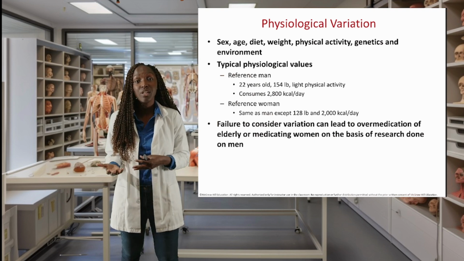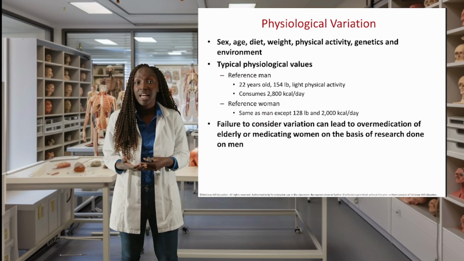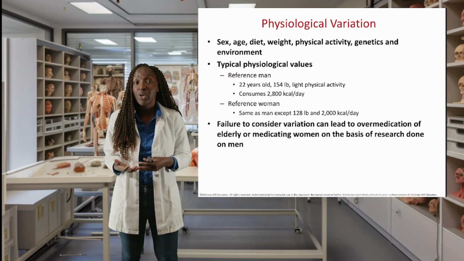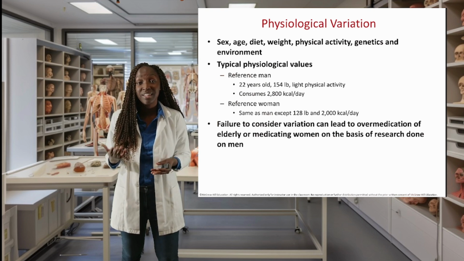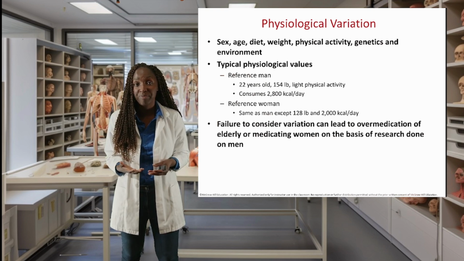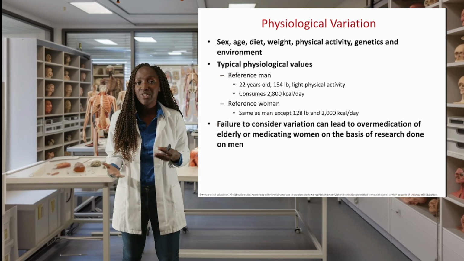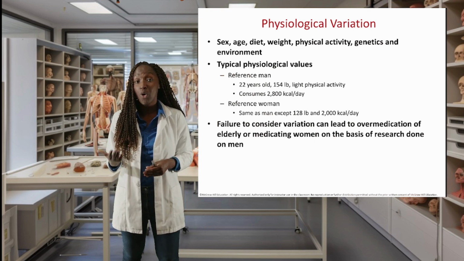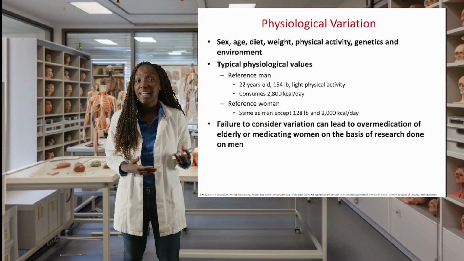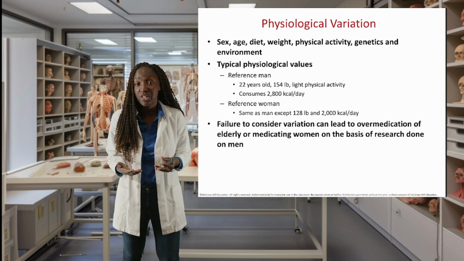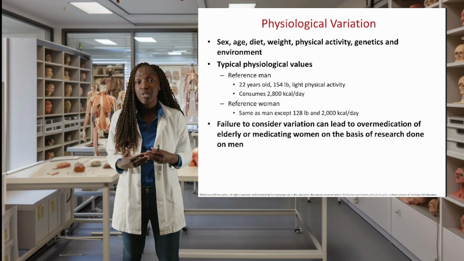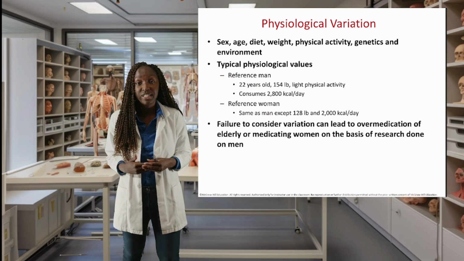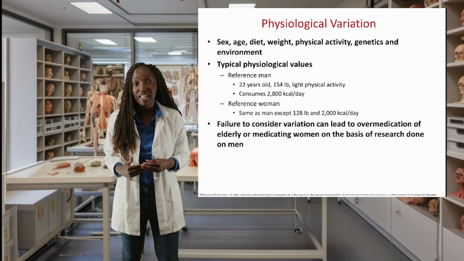Now, his physiological values will be different than a 65-year-old man who's 284 pounds that does no physical activity. So failure to consider these variations can lead to over-medication of the elderly or medicating women on the basis of research done on men. So we have to always remember that physiological variation exists and each patient must be treated individually.